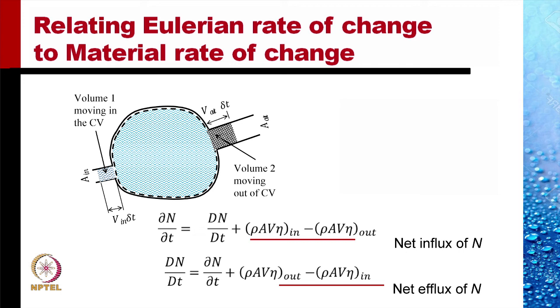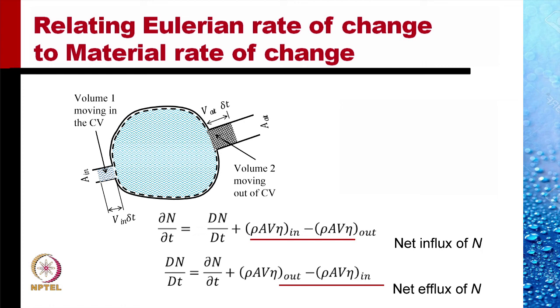And so, if we divide by delta T, we get this relation. Delta n by delta T is equal to dn by dt plus rho A V eta at the inlet minus rho A V eta at the outlet. This is the net influx of n.